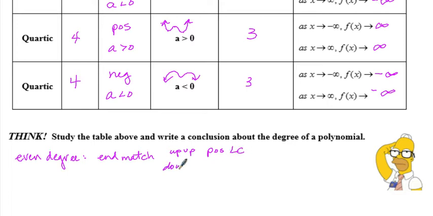And it's down, down for negative leading coefficient. And of course, on a quiz or test, you wouldn't say up, up, or down, down. You'd say as x goes to negative infinity, f of x goes to positive infinity, etc. Just for our notes to get the concept down, I'm just saying up, up, down, down.